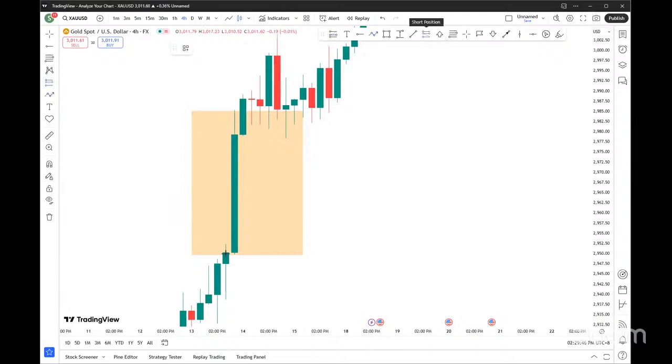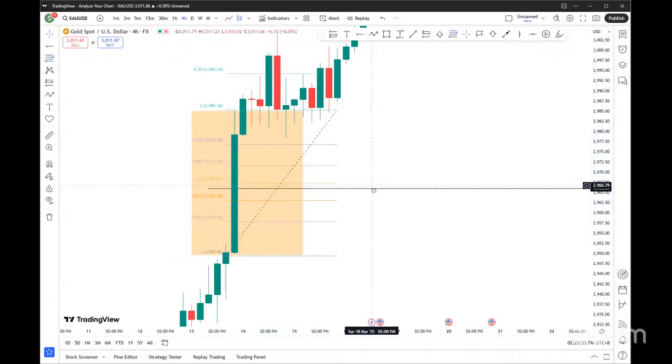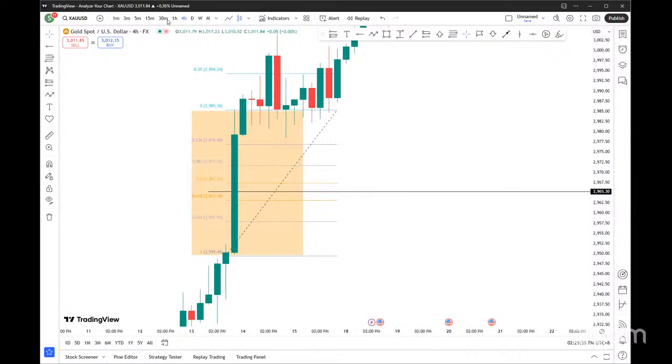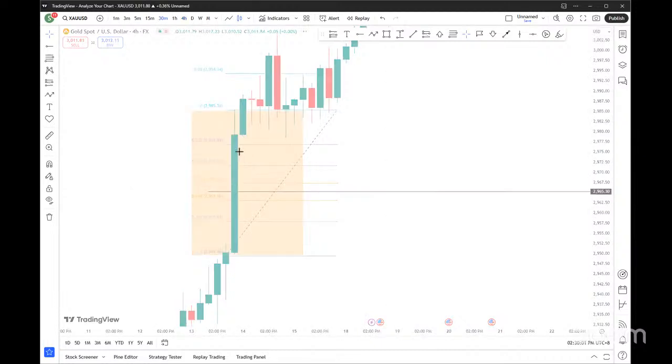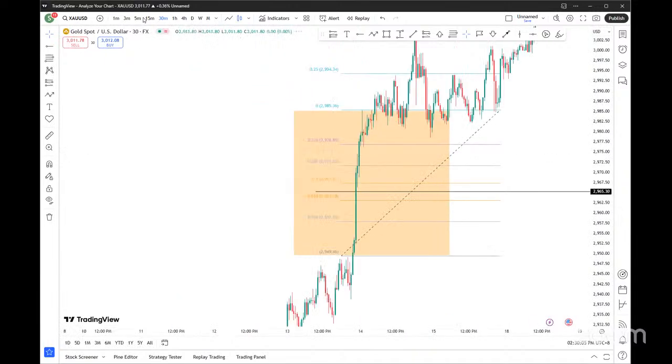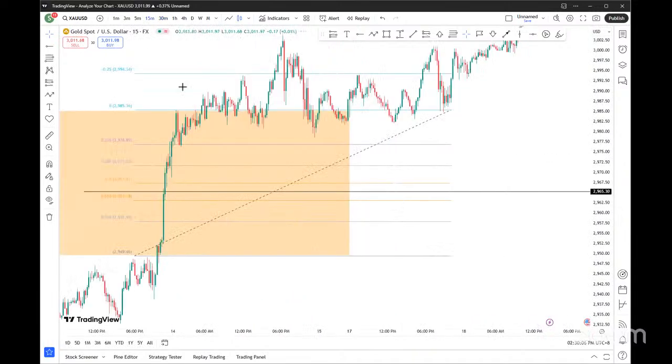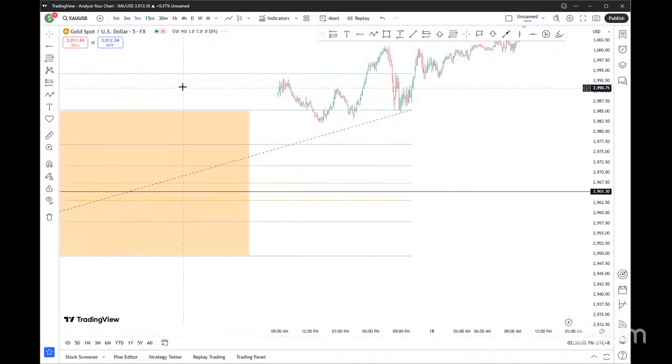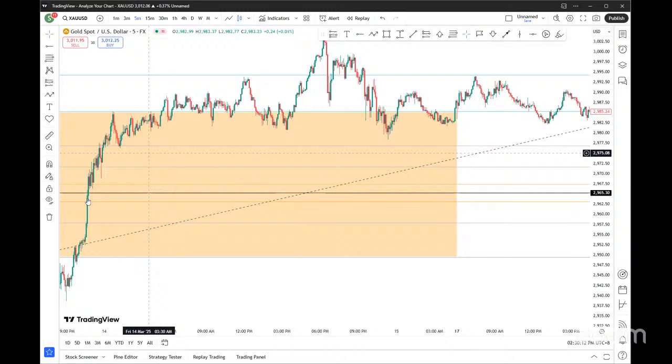Okay, let me pull that up. The 50% area will be somewhere around here. Let's use our Fibonacci to confirm that. Yeah, exactly that. So now let's see. I'm very, very sure there will be a resistance or a support there on the 30, 15, 5. Let me remove that.